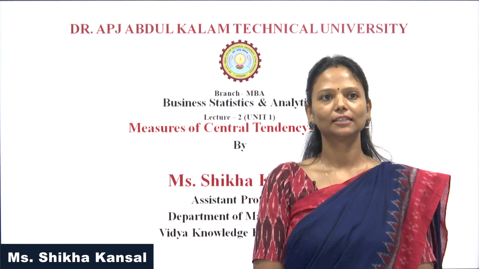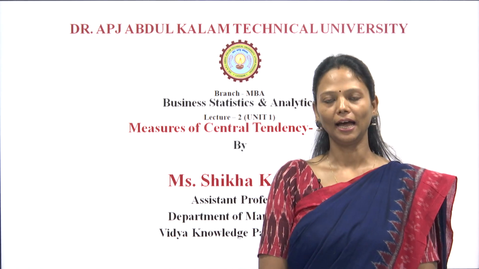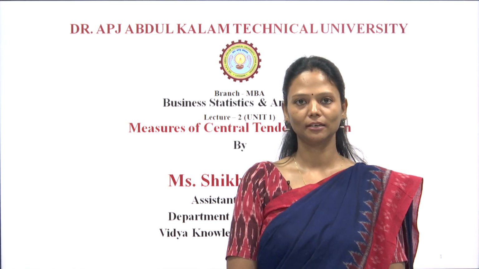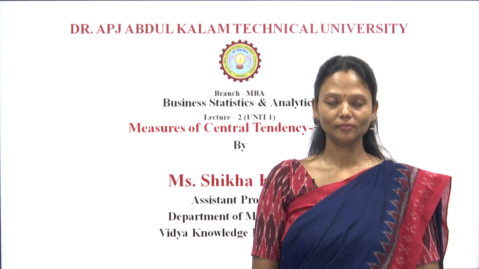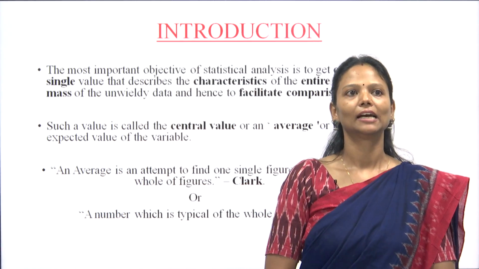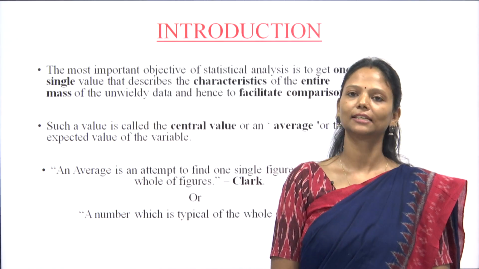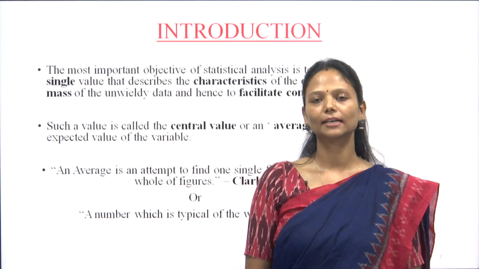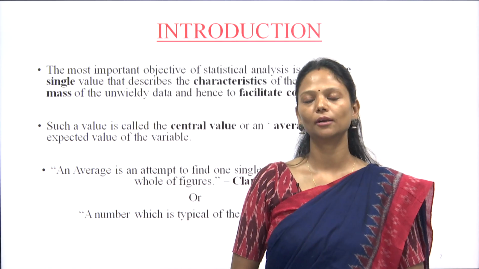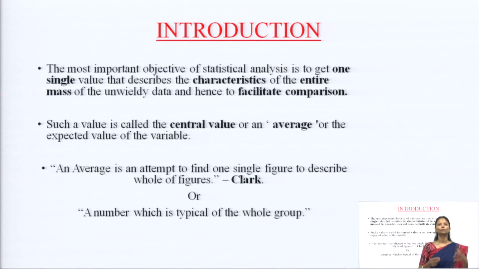We shall be discussing the topic mean and the methods to solve mean. So, what is mean basically? The most important objective of a statistical analysis is to get a single value. That single value describes the characteristics of the entire mass of unwieldy data, and hence facilitates comparison.